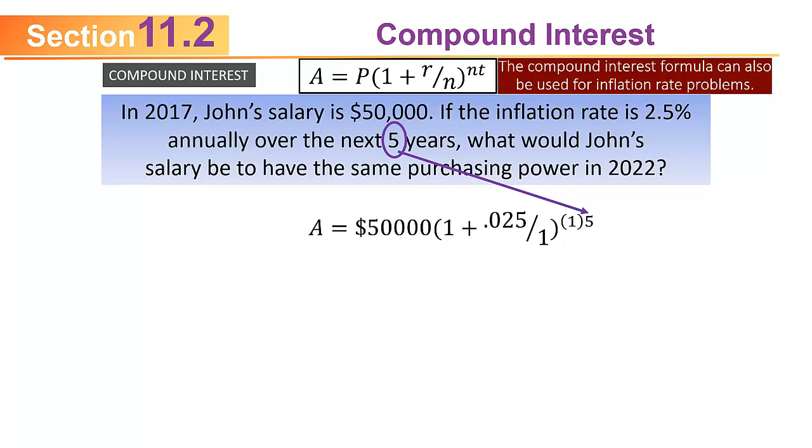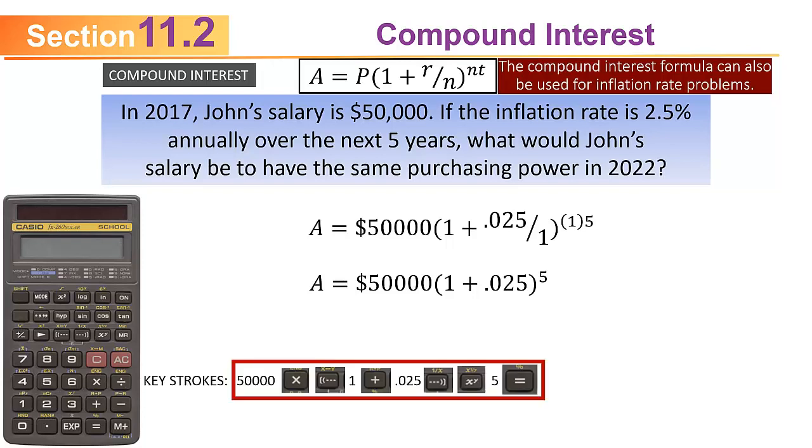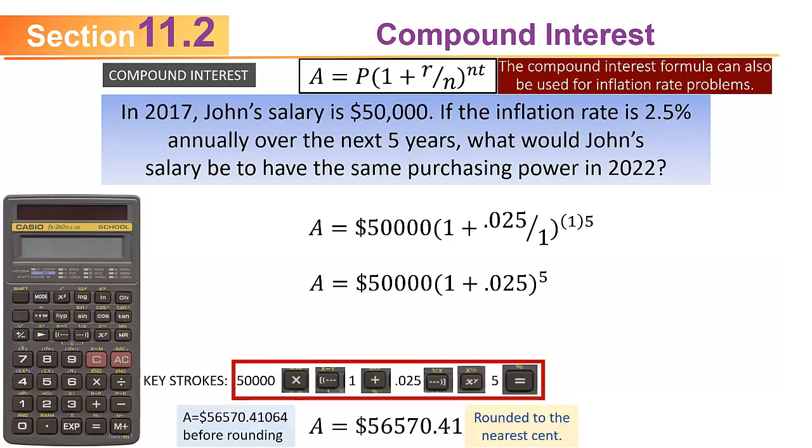And of course, 1 times 5 in the exponent is just 5. And at this point, I would go to the calculator, as I've been doing in the other problems, and type in the keystrokes: 50,000 times, left paren, 1 plus 0.025, right paren, power button, 5, equal, and you get, rounded to the nearest cent, $56,570.41.